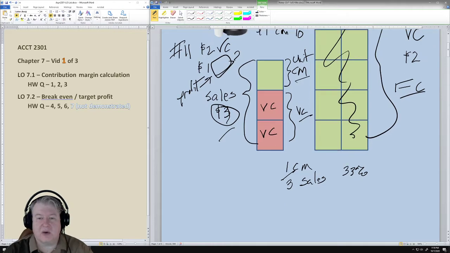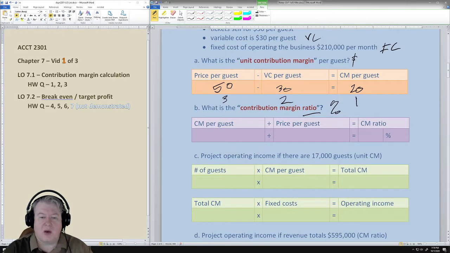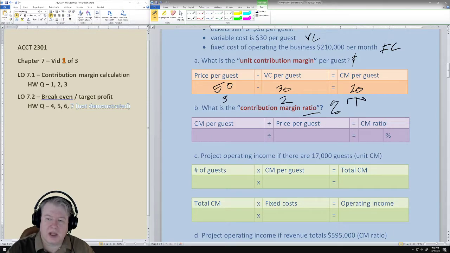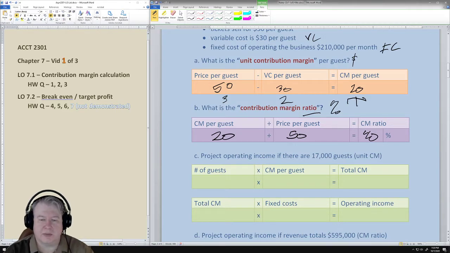And that's what we're looking at down here. What is the contribution margin per guest? Well, we just figured that out. That's $20. The price per guest, $50. And the ratio here is going to be 40%. So these are the 2 basic formulas, either the actual dollar amount of contribution margin or the percentage.